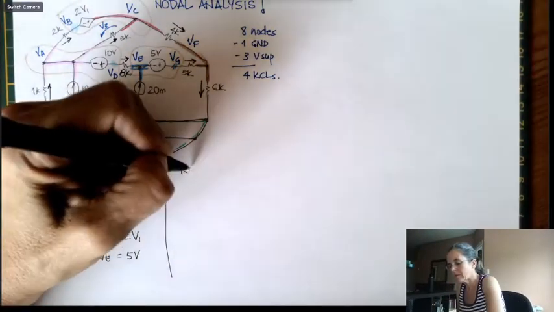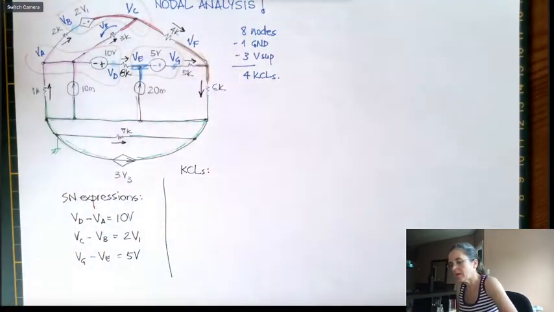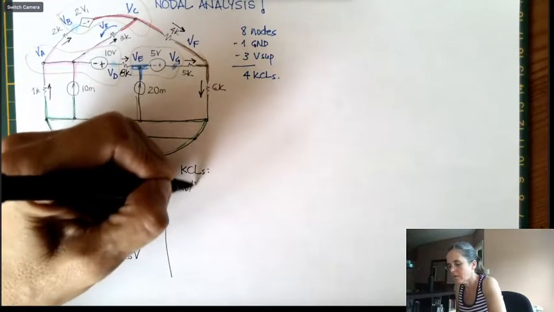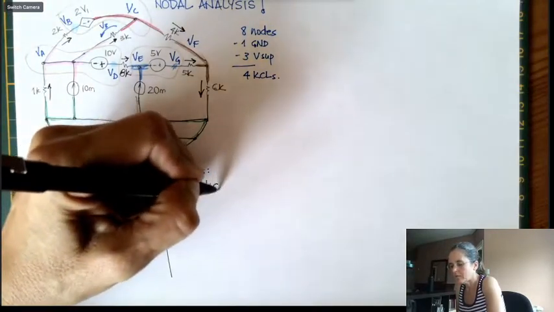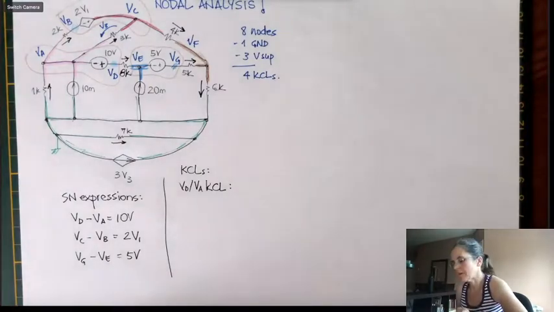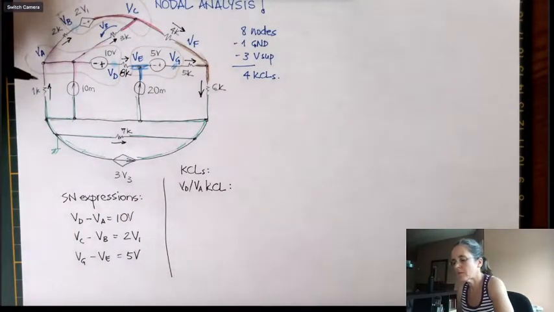And now we need the KCLs. I'm going to start with the VA and VD KCL. Don't write equal here because it's not an equal sign. VA and VD, then I'm going to go all currents coming in equals all currents coming out.